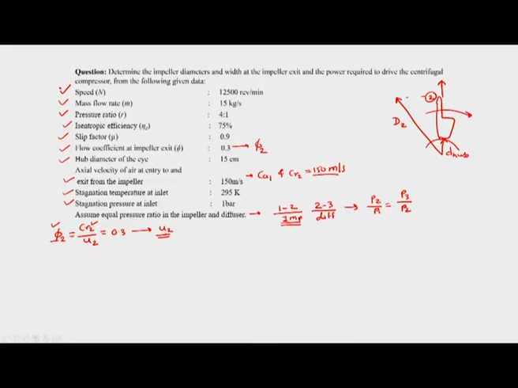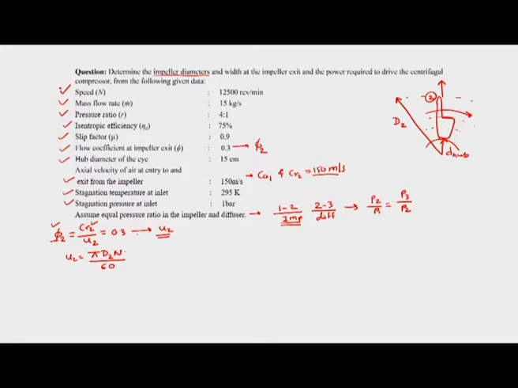We are supposed to find out a few things, which is the impeller diameters. Impeller diameter means we have to find the diameter at the eye, and the diameter at D2. Then we can find U2 is equal to pi D2 N by 60.